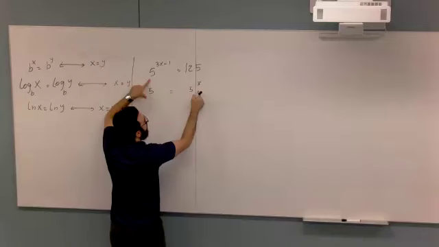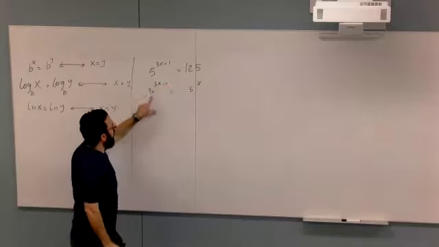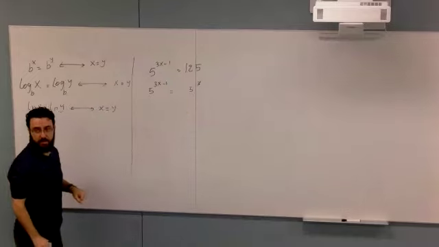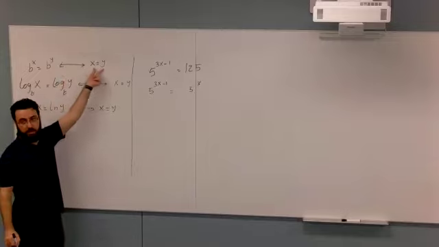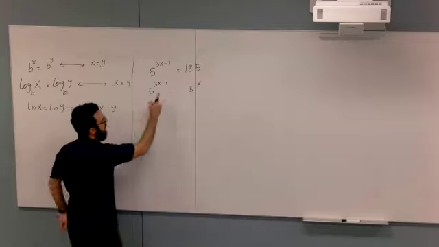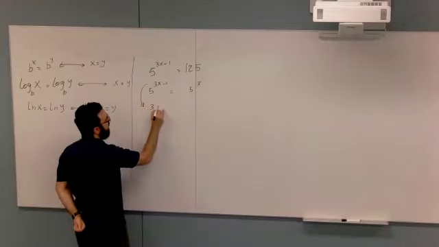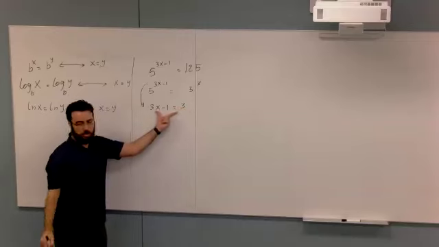So 5 cubed, which is 125, and here is 5 to the x minus 1. Now, do I have equal bases? If I have two equal bases, the exponents are equal. That means x minus 1 equal what? 3.